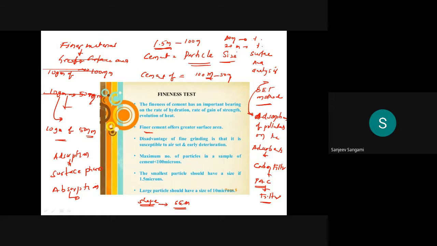You'll get the features of the shape of the particles, whether angular or otherwise, with SEM or TEM, the scanning electron microscope or the transmission electron microscope. This is the high-end version. Even particle sizes in nanometers can be seen, and how exactly the shape is. Even the size can be determined.